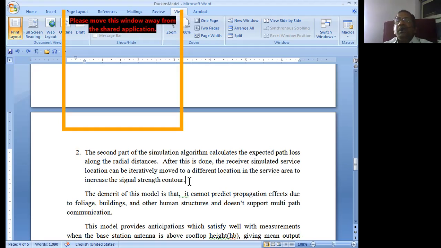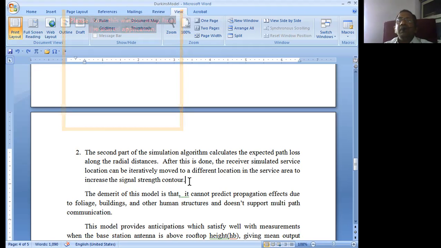And after that, it is going to perform the same path loss calculations by iteratively changing the receiver locations. So after it gets all the information, the system would be ready to transmit the actual information.